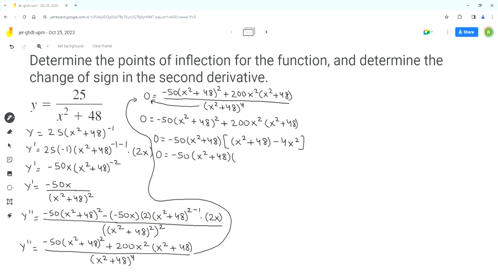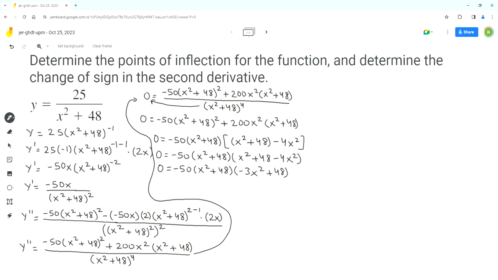So we get x squared plus 48 minus 4x squared, and we can combine x squared and minus 4x squared. So we get negative 3x squared plus 48. Now we get two cases.